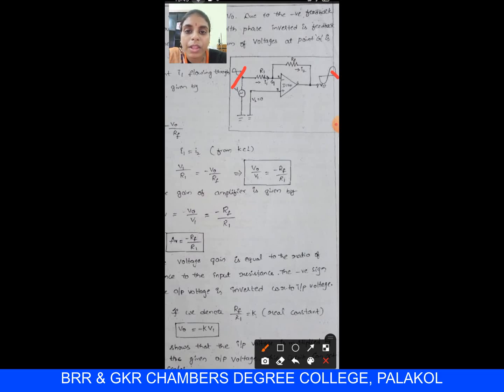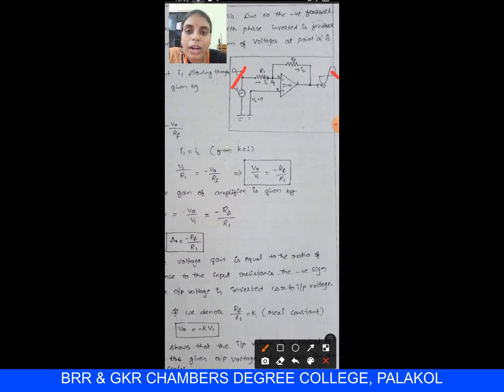For example, when the voltage source V1 is applied to the inverting terminal through a resistance, a current I1 flows, and it divides at point G because of feedback. Then the current flowing through RF is I2. Now point G is called the summing point because I1 is divided into I2, and G acts as a summing point since the output is fed back to the input.